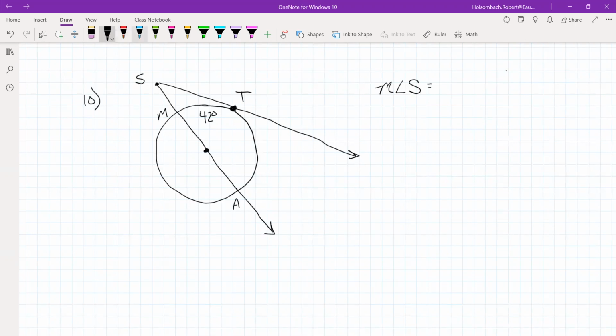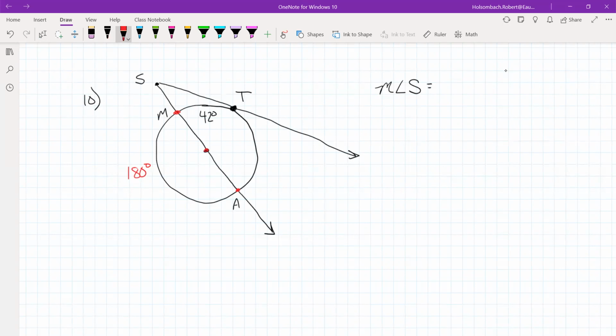So the key to this picture right here is that you've got SA here, this ray SA, which is also a secant that goes through the center. If it goes through the center, it creates a diameter. The diameter cuts the circle in half, which makes this arc 180 degrees.